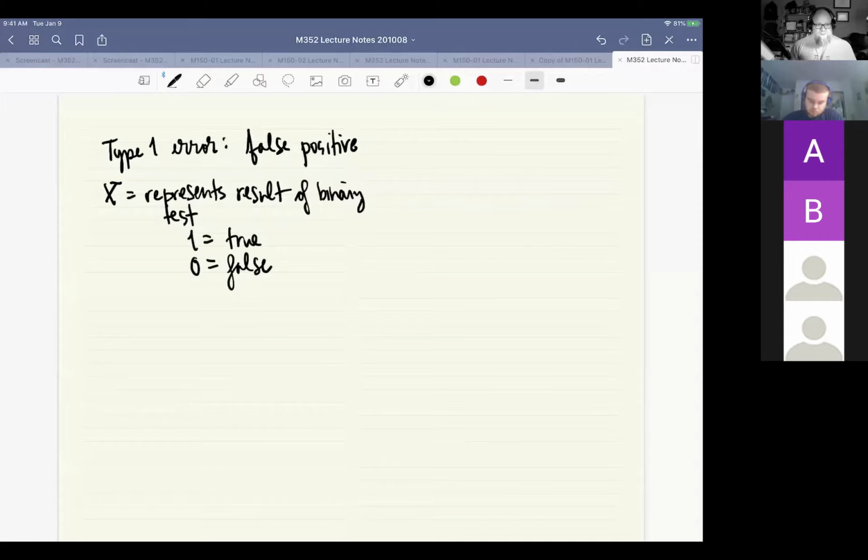And if there's some state that you're testing for, right? If this test is testing for a state, we'll say D is the event that the state should be true.